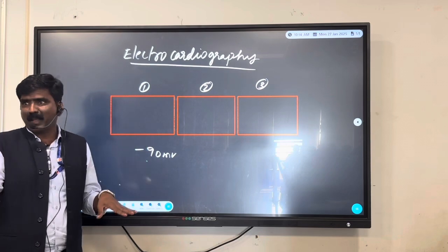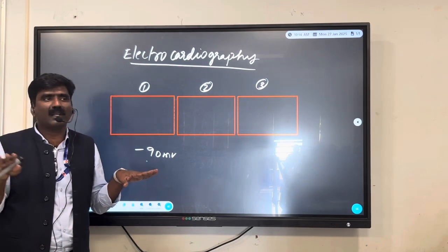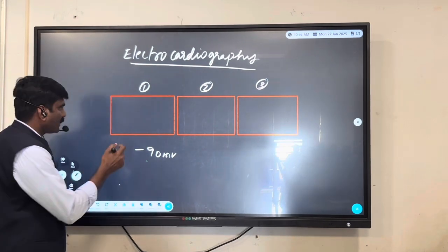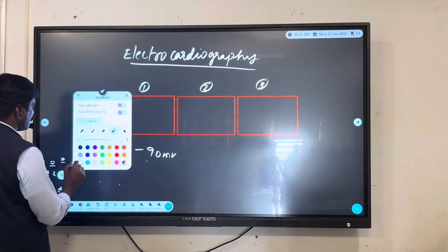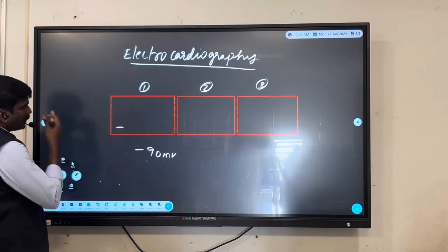That difference is minus 90 millivolt. That is called the resting membrane potential, right? Imagine it is minus 90 millivolt.